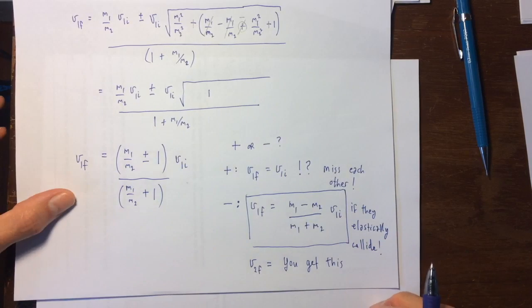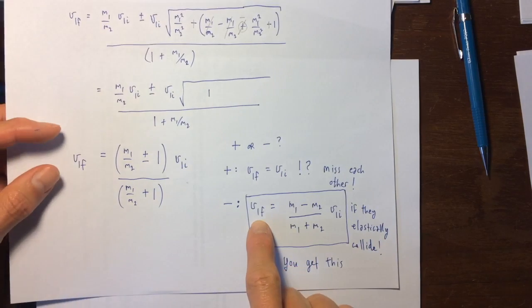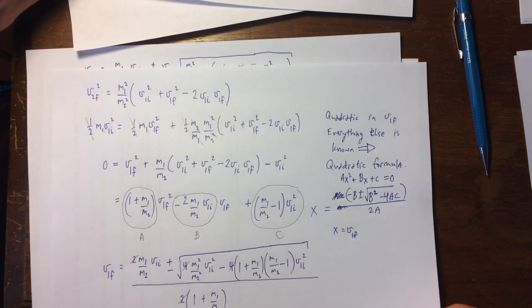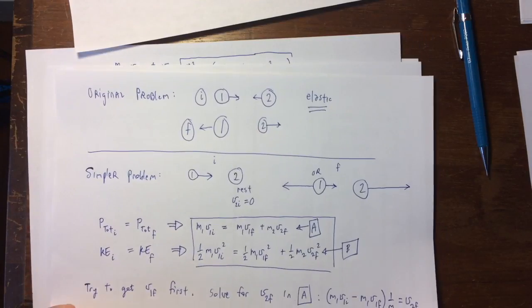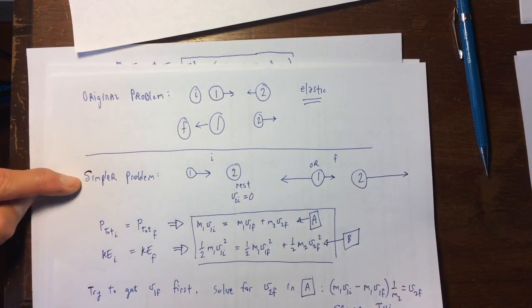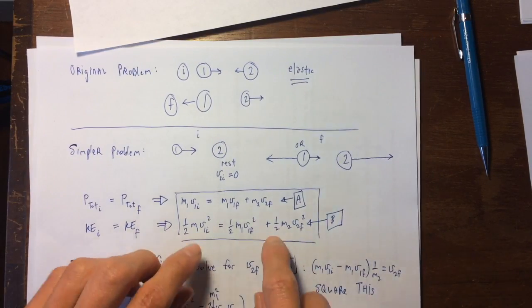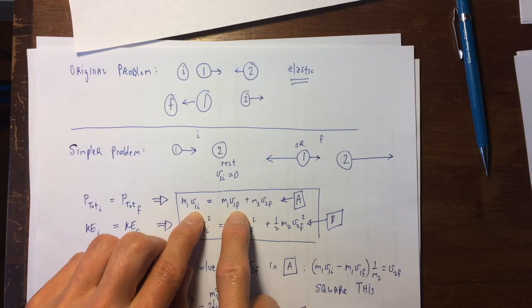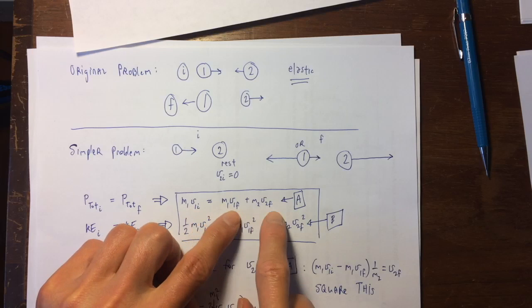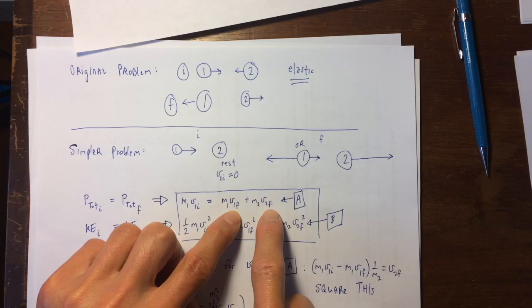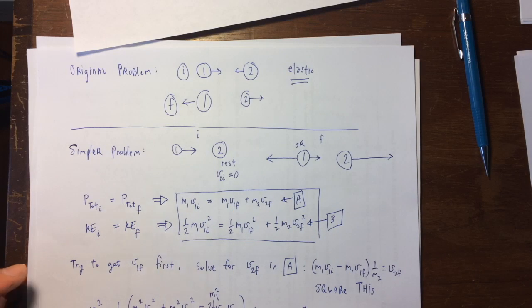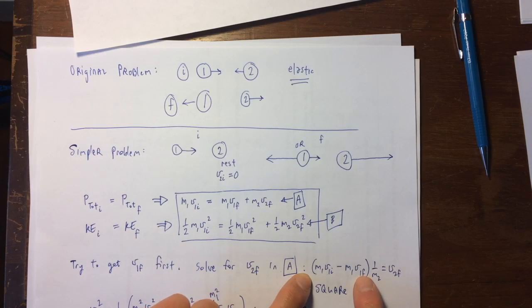There's lots of ways to get this, but I just showed you what V1 final is, and you can go all the way back to our original interesting simple problem. We're supposedly given V1 initial. Can you see that you can solve for V2 final immediately? V2 final, it's actually right here. If I know V1 final, here's V2 final.